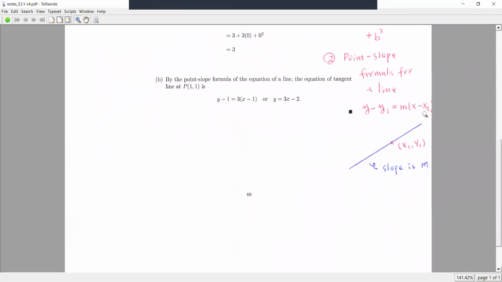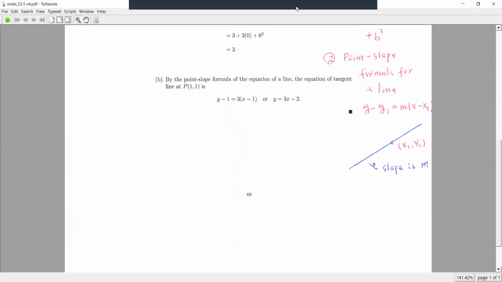This is the point slope formula of a line. (x1, y1) is the point P. So by this formula, y minus y1, y1 is 1, is equal to the slope 3, parenthesis, x minus x1, x1 is 1. Simplify this equation, then we have this equation. This equation is the answer to part B.